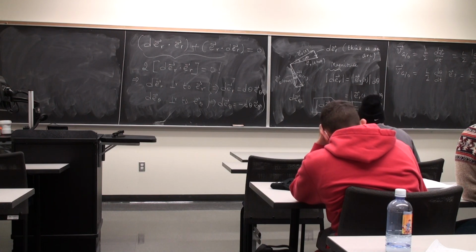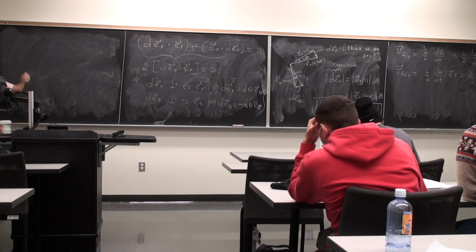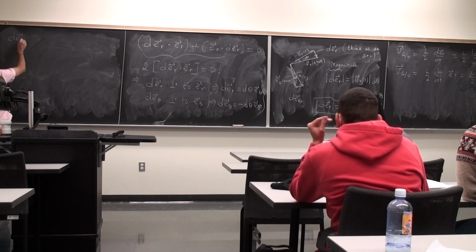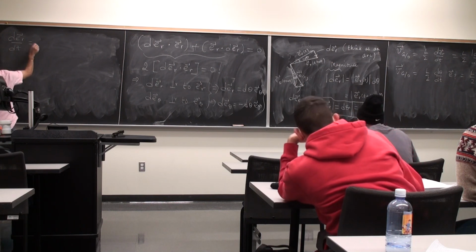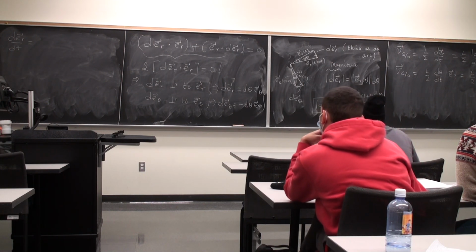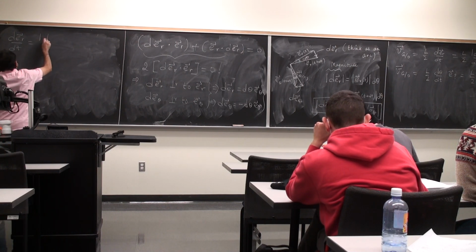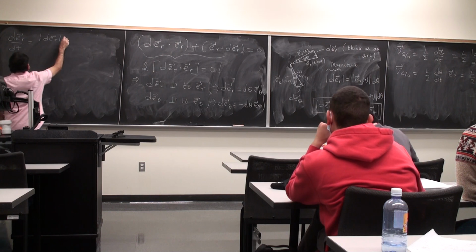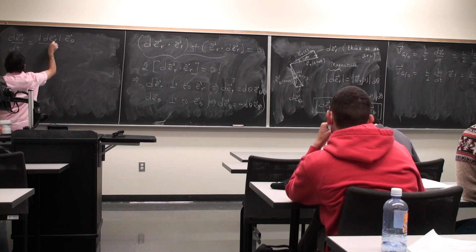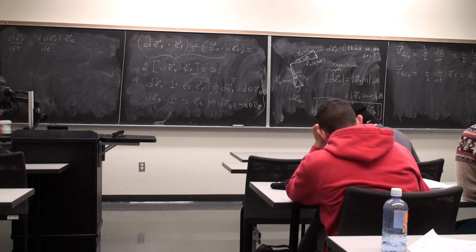So how to generalize this? This is the way you want to look at it. All said and done, d er by dt is the magnitude of d er by dt.